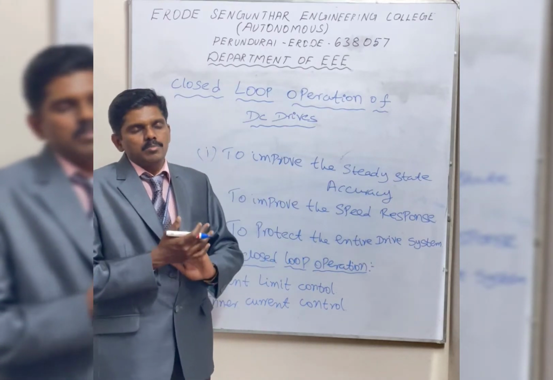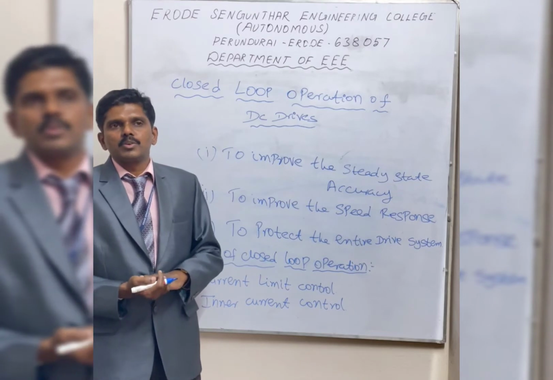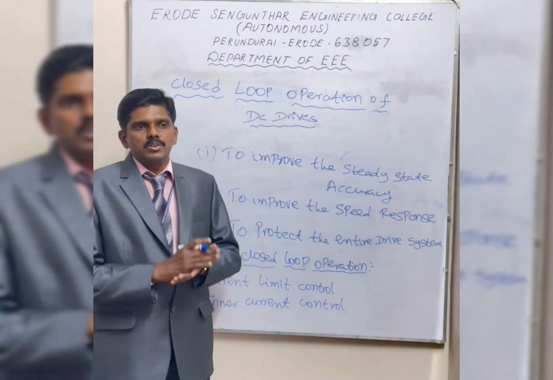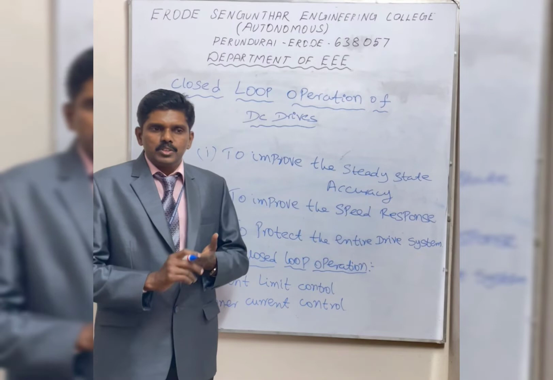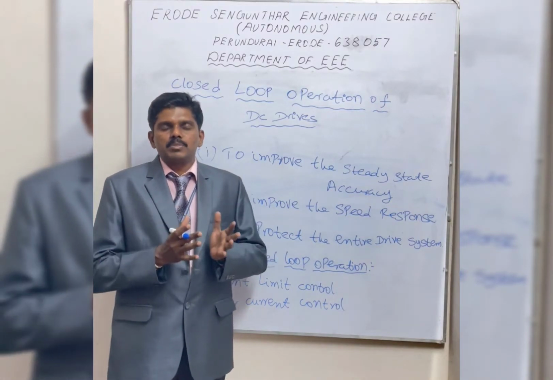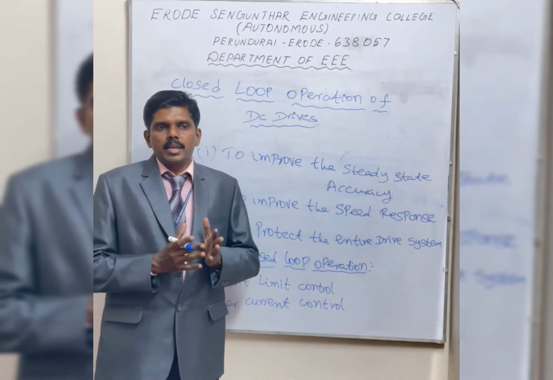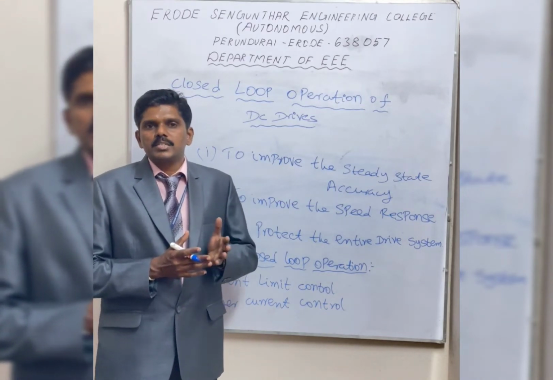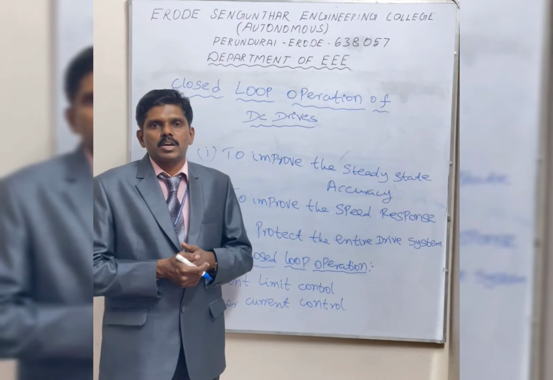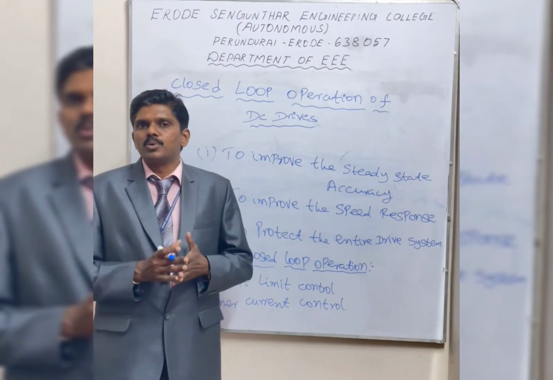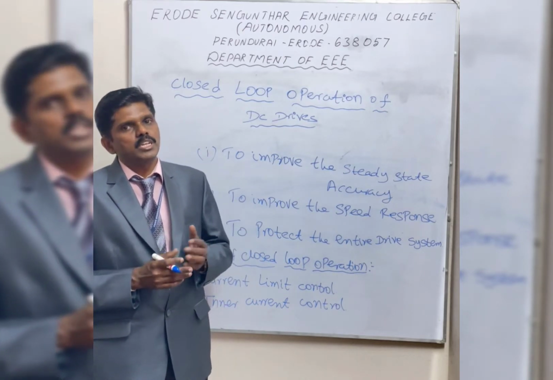One is called armature control. What is meant by armature control? Armature voltage control is done with the field current at its maximum, that is, we maintain the field current constant. During that time, if you vary the armature voltage applied across the armature of the DC motor, then the speed can be controlled. That is called armature voltage control.